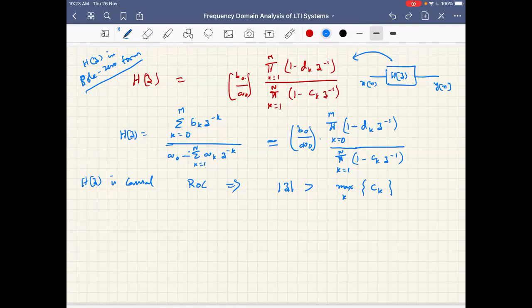And if we say that H of z is causal and stable, what does it imply?